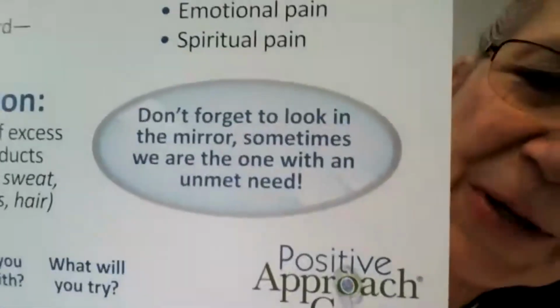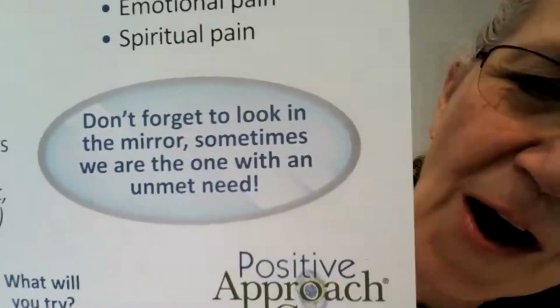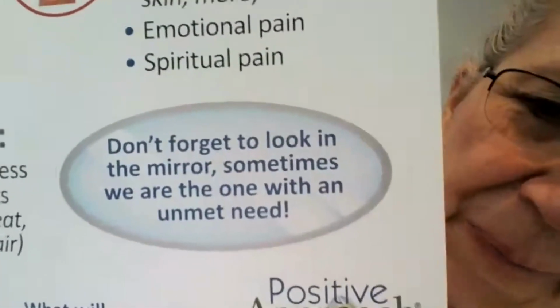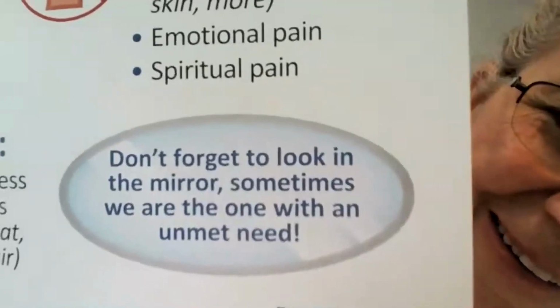So Rachel, what might be the issue that I haven't noticed? Now I'm going to show you this one right up here. Really strong and powerful, it's way down there at the bottom. What does that say? Don't forget to look in the mirror, because sometimes we are the one with an unmet need.